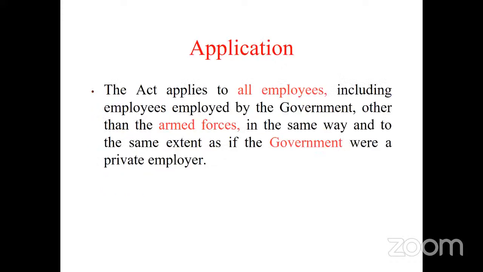Then application: the act applies to all employees, including employees employed by the government, other than armed forces, in the same way and to the same extent as if the government were a private employer.